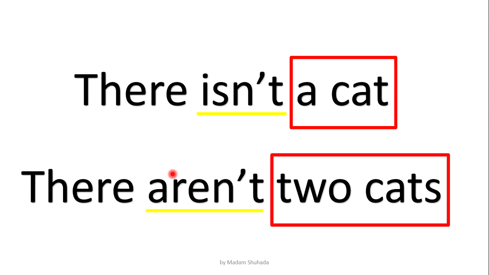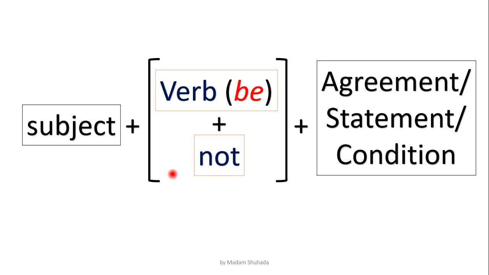So this is the formula: subject, be verb plus not, agreement, a statement. This is the general formula, but because we want to use there, we omit the subject and substitute it with there. There, be verb, not, agreement, a statement or condition.